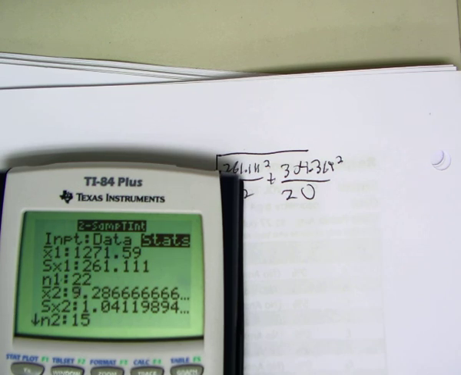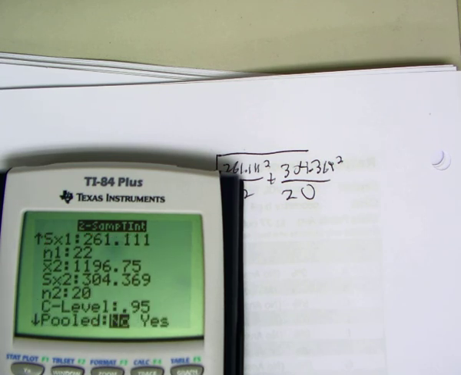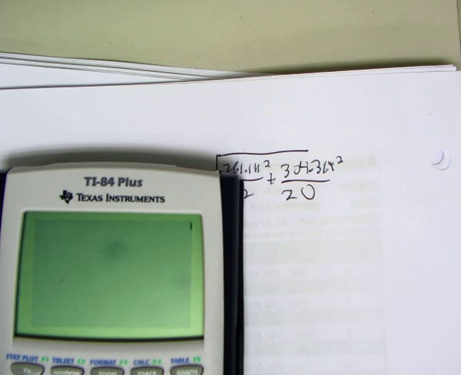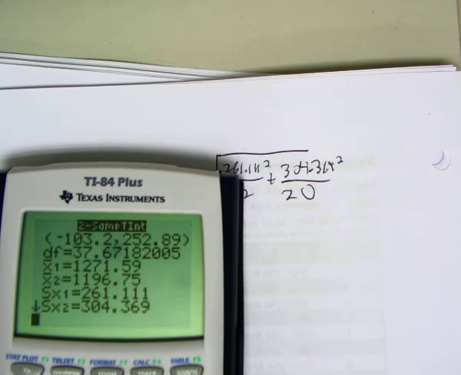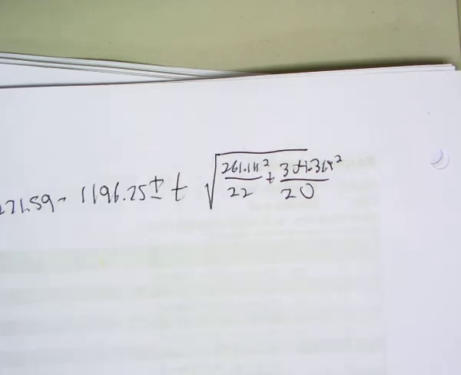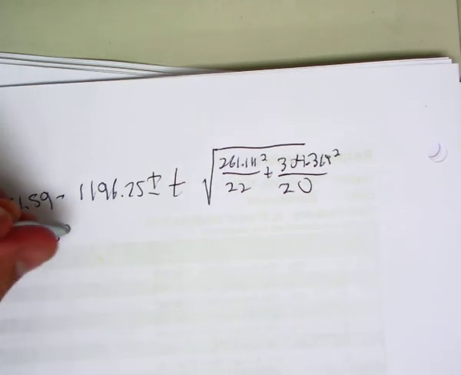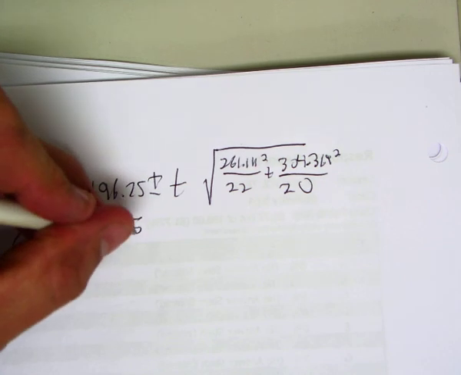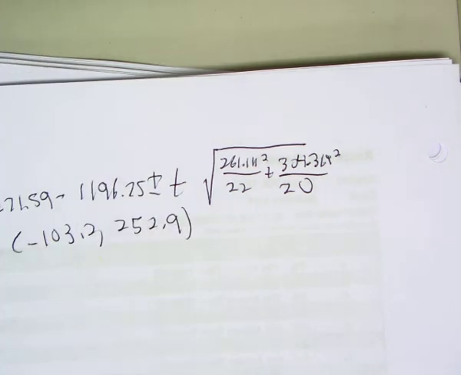For the males, it's 1196.75, 304.369, and 20 is n, and 95%. We'll calculate that out, and it comes out to negative 103.2 to 252.9.